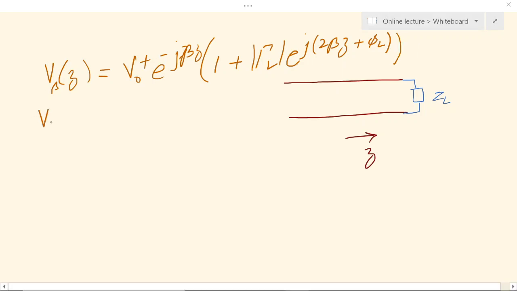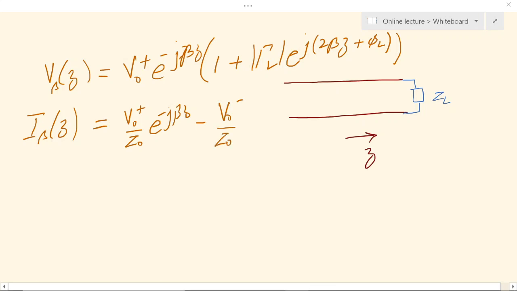Similarly, you can see the current I of z. It will be V naught plus over Z naught e to the power minus j beta z, and minus V naught negative over Z naught e to the power j beta z.